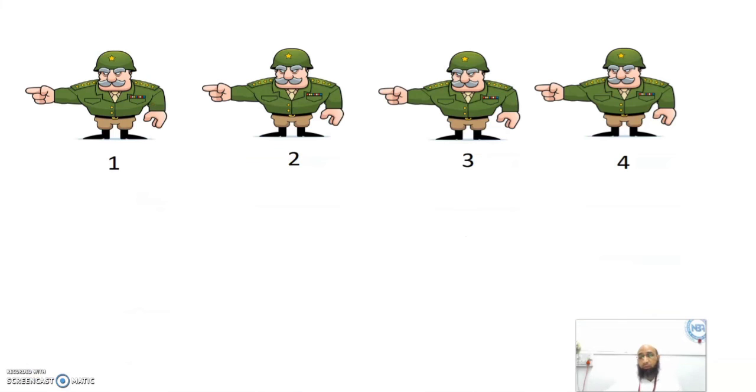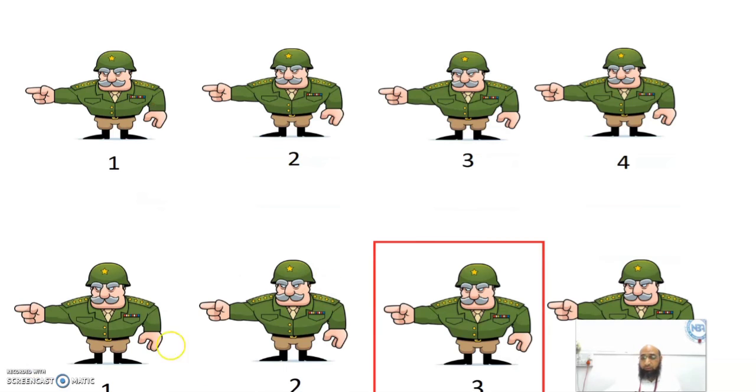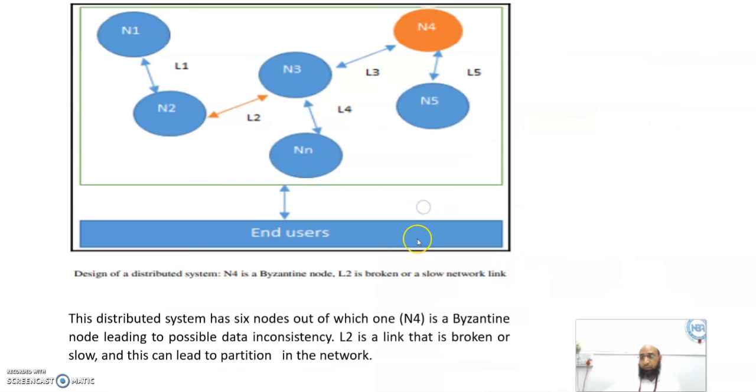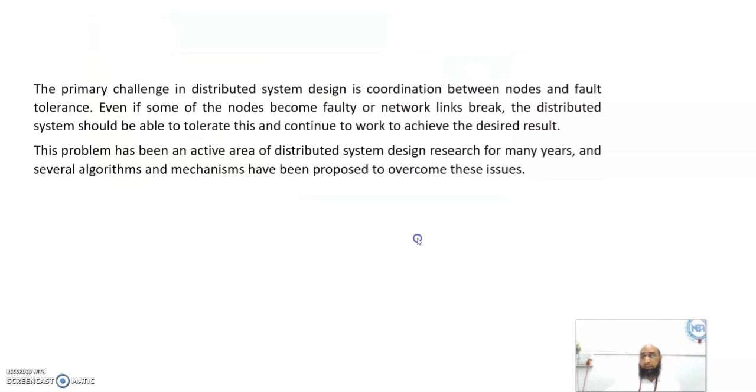So how are we going to solve this problem? We know that the third general is a traitor. He is the one who may be the reason for the failure. So how are we going to solve this?